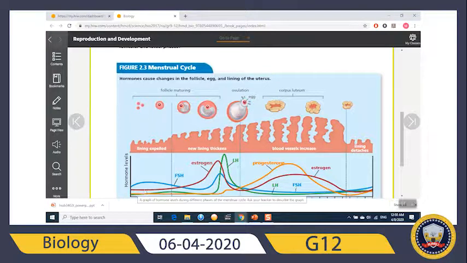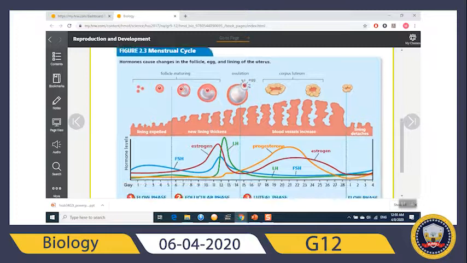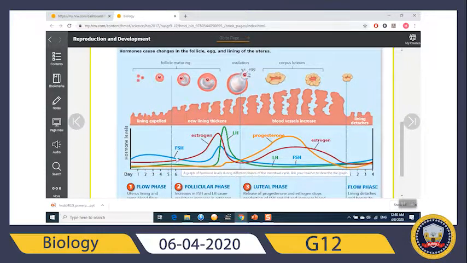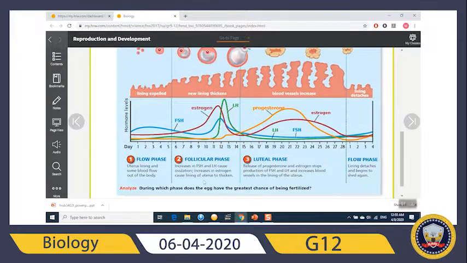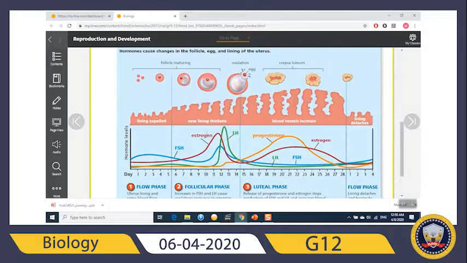After this, the walls will start to rethicken the endometrium because of triggers from FSH, LH and estrogen. Estrogen will stimulate the wall thickening. FSH and LH will help in follicle maturation. Okay? Then ovulation will start, and the egg will be released between the phases.